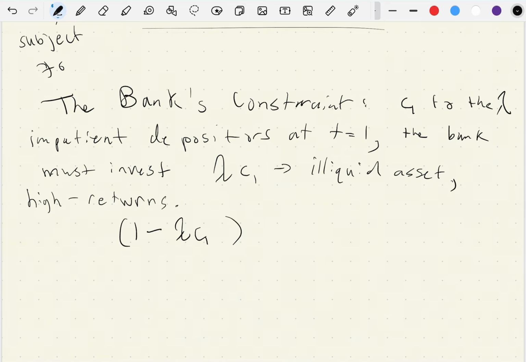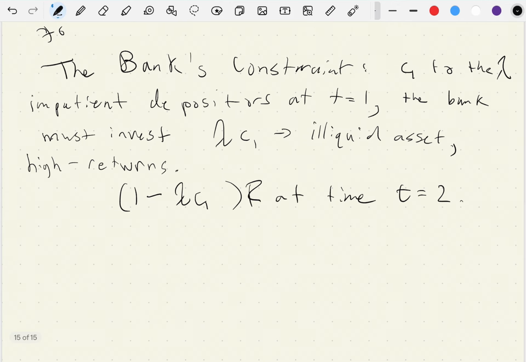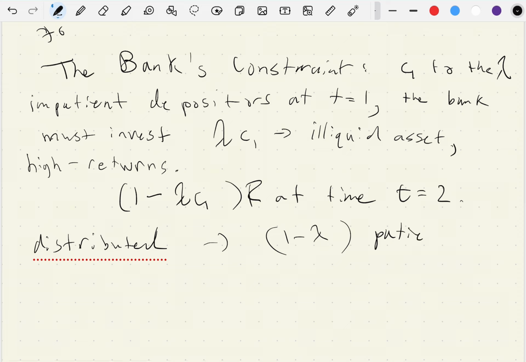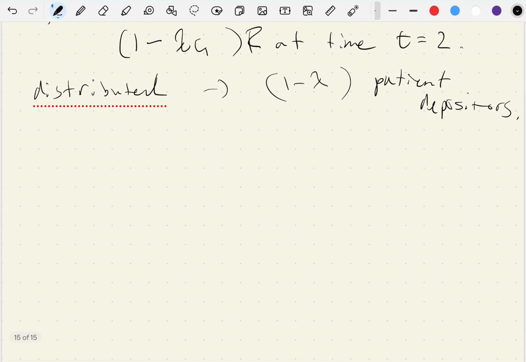The investment yields 1 minus lambda C1 times R at time t equals 2, okay? And this amount is distributed among the 1 minus lambda patient depositors. All right? And therefore, a bank's resource constraint connects these consumptions.